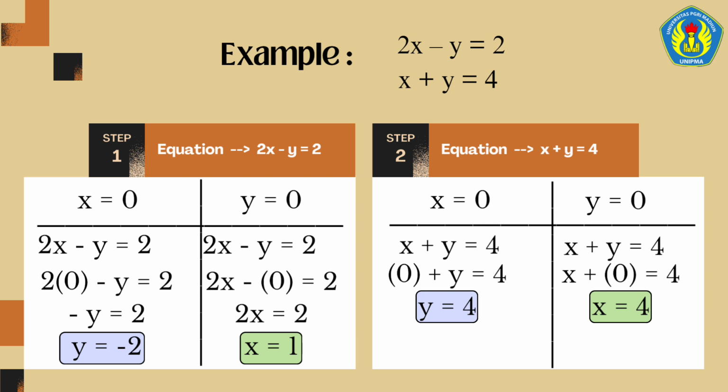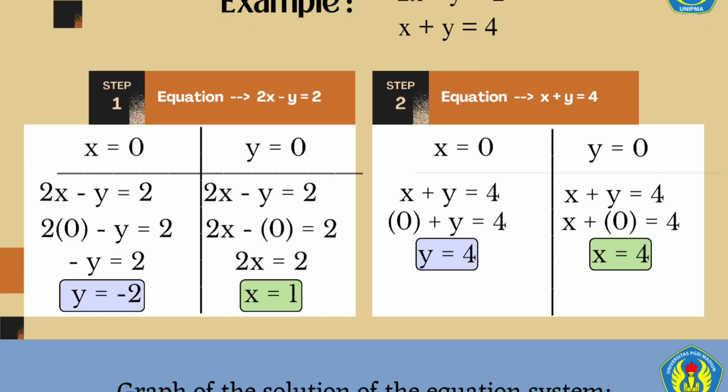Second equation, x plus y equals 4. Intersection point to the y-axis. If x equals 0, then we get y equals 4. Intersection point to the x-axis. If y equals 0, then we get x equals 4.